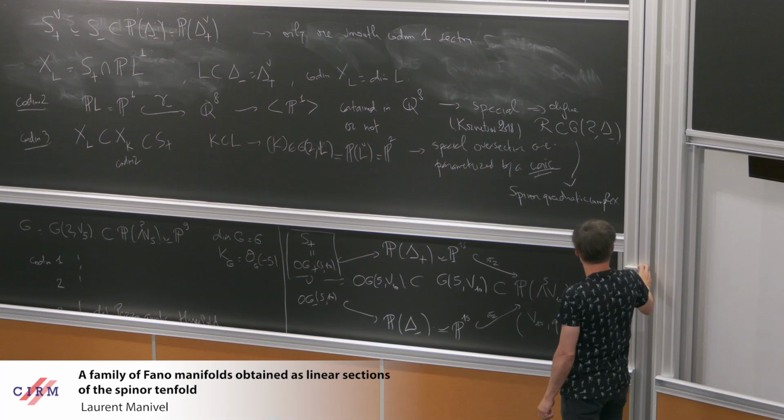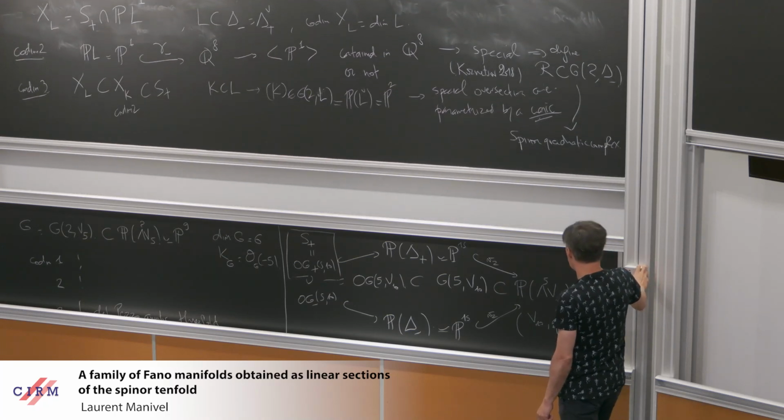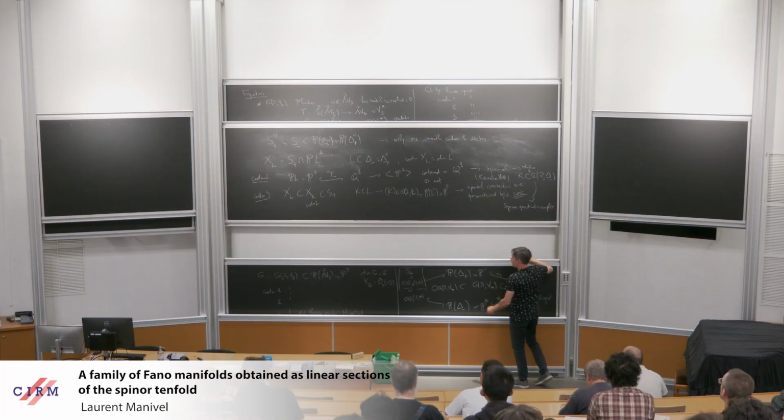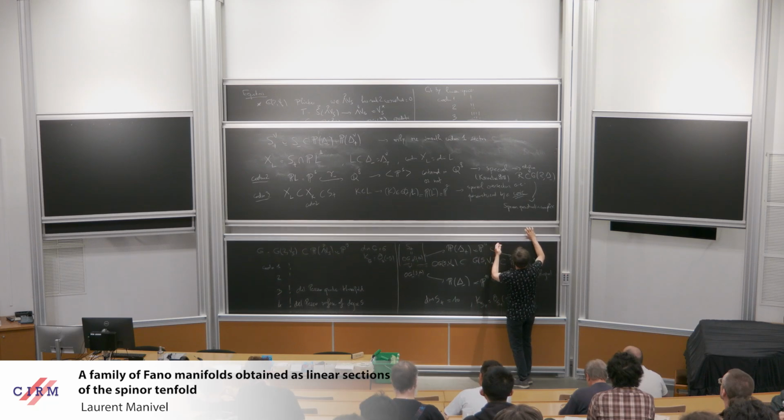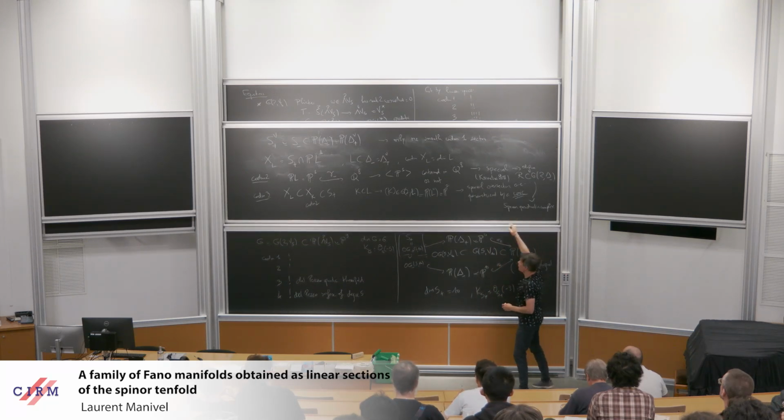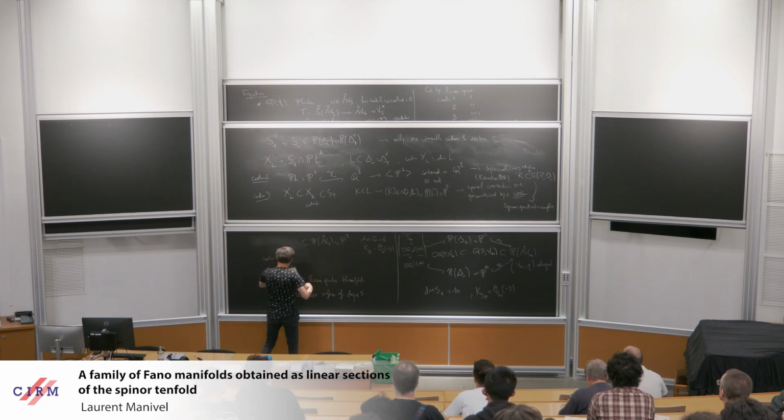So now when you go to codimension 3, the situation is a bit richer. As I said, you get a conic parameterizing special oversections. So obviously for a conic you have several possibilities.